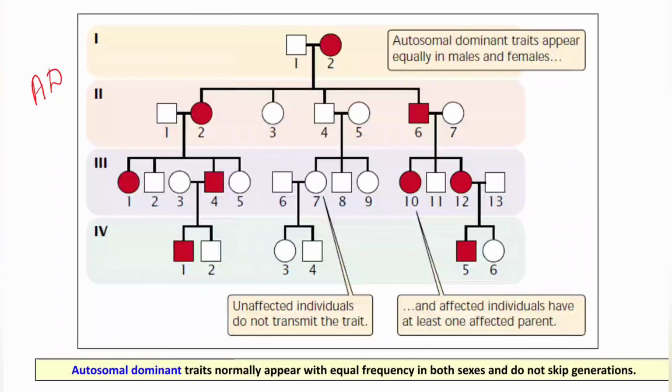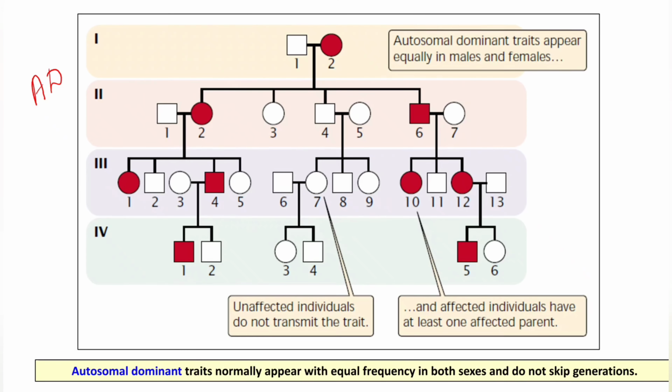Number one, it should appear equally in both males and females. It means there are equal chances that the trait will be carried in both males and females. And also, the trait will not skip any generation.